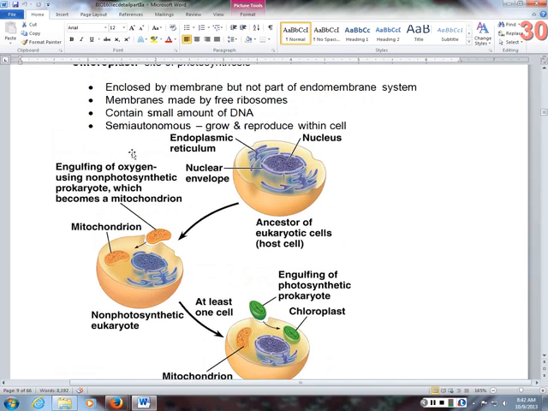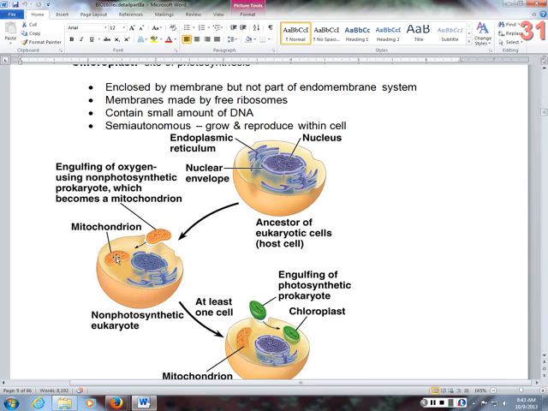The other thing with them having that small amount of DNA is something called the Endosymbiont Theory, where they say that we've figured out how the eukaryotic cells arose. We had prokaryotic cells beforehand, and you had a prokaryotic cell that ended up engulfing an oxygen-using, non-photosynthetic prokaryotic cell. That cell that went in ended up becoming the mitochondria, and it lost the ability to survive on its own.